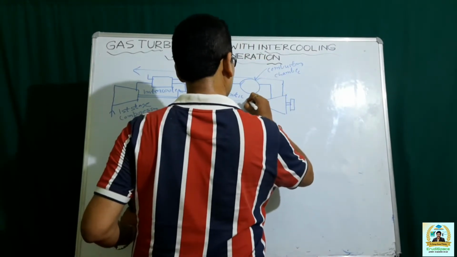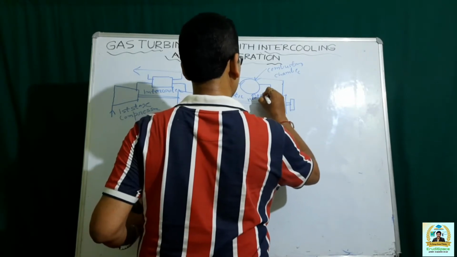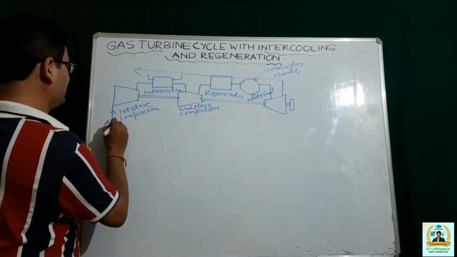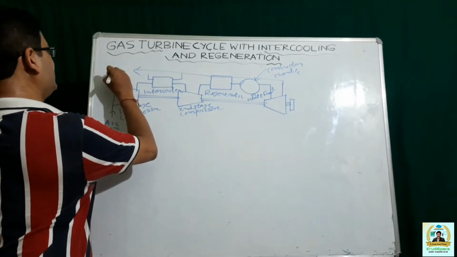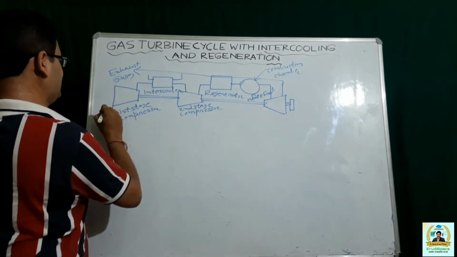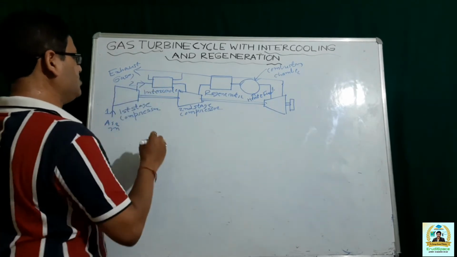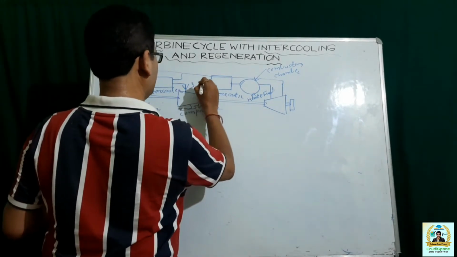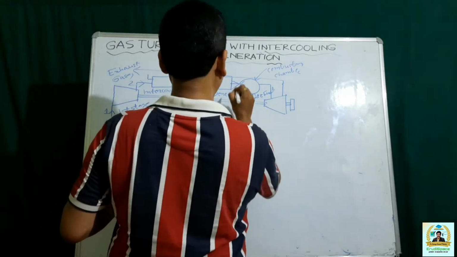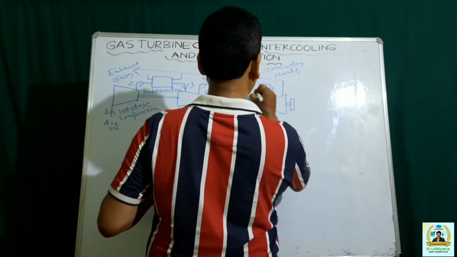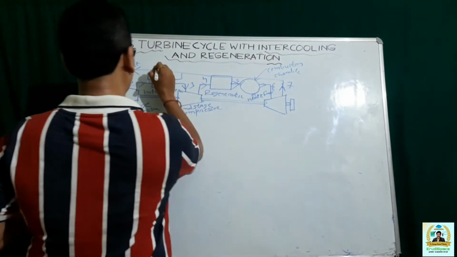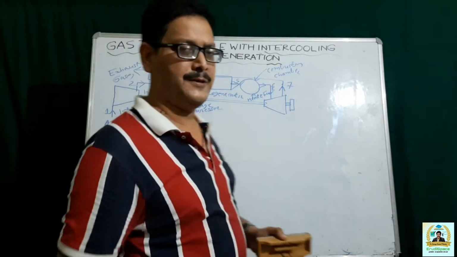And here heat and fuel are added. Air is taken in, and you have the exhaust gases. This is 0.1, this is 0.2, this is 0.3, this is 0.4, this is 0.5, this is 0.6, this is 0.7, and finally it's 0.8.